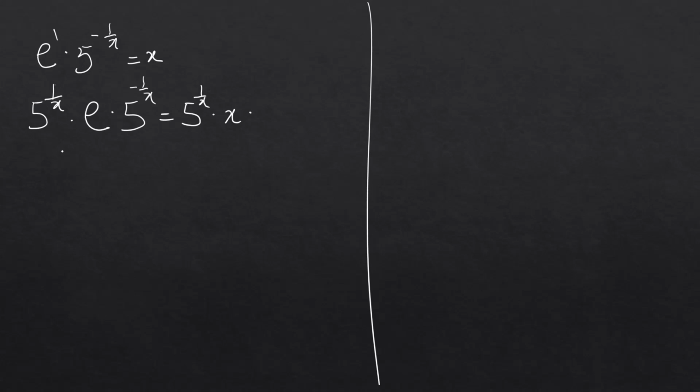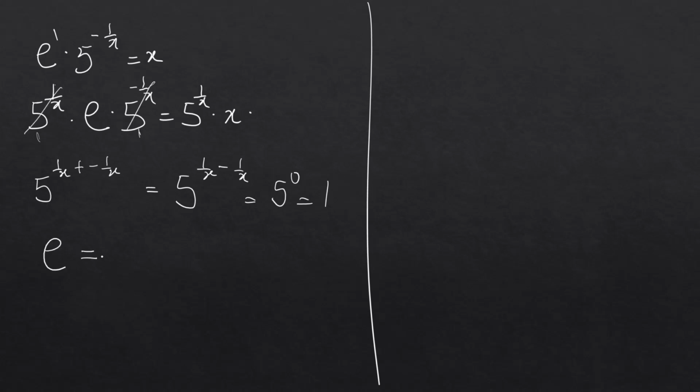Now, by another law, this and this will add together, and you have 1 left, because 5 raised to power 1 over x plus minus 1 over x is something like saying 5 raised to power 1 over x minus 1 over x, which is equal to 5 raised to power 0, which is 1. So for that reason, I'm going to have e left, because this and this are cancelled to be 1. So the answer is going to be e equals x times 5 raised to power 1 over x.